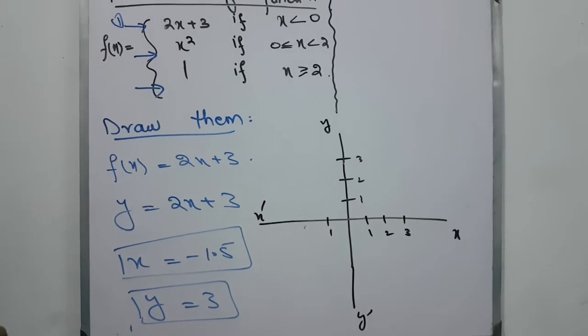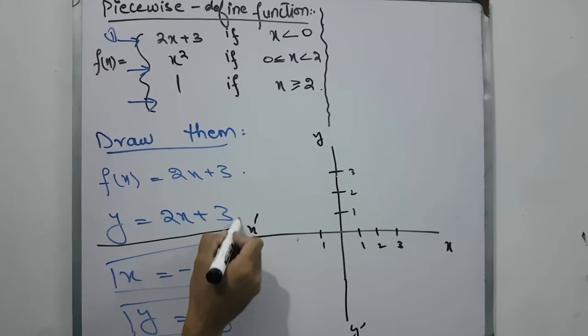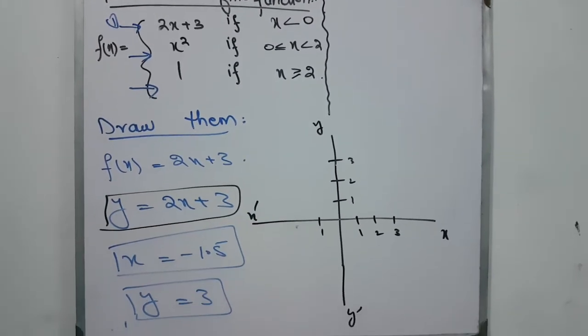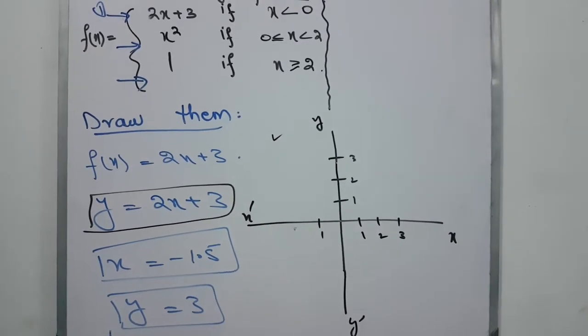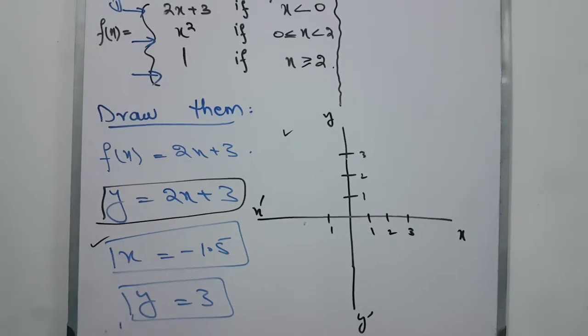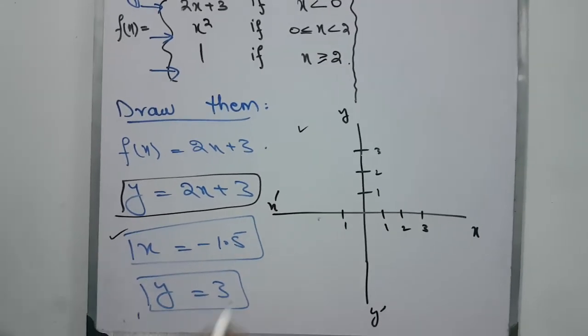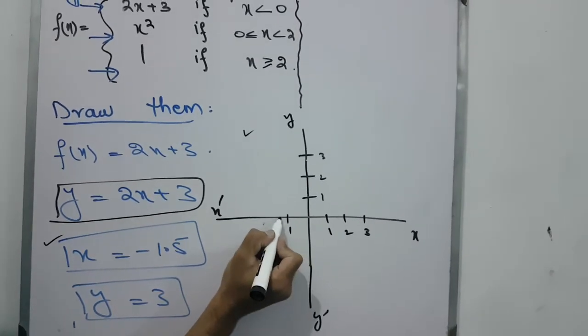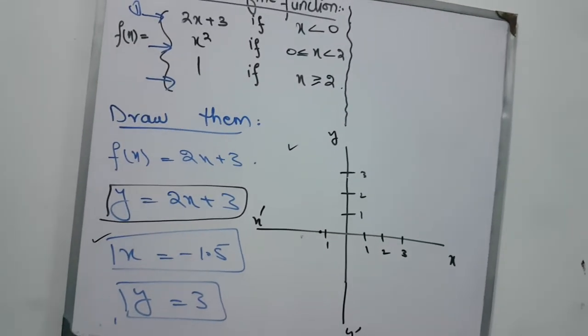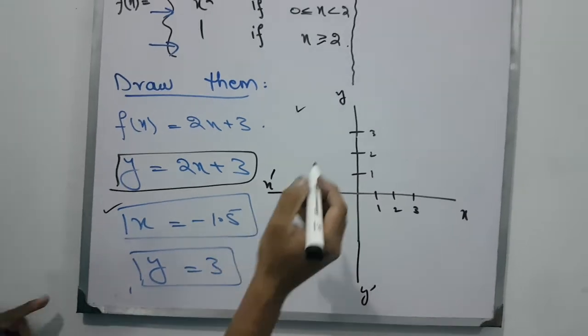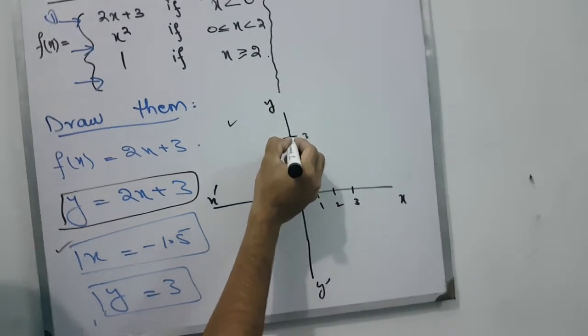Now I'm going to draw this equation on the xy plane. I draw my xy plane, and x is minus 1.5, a little bit away from 1, and y equals 3.